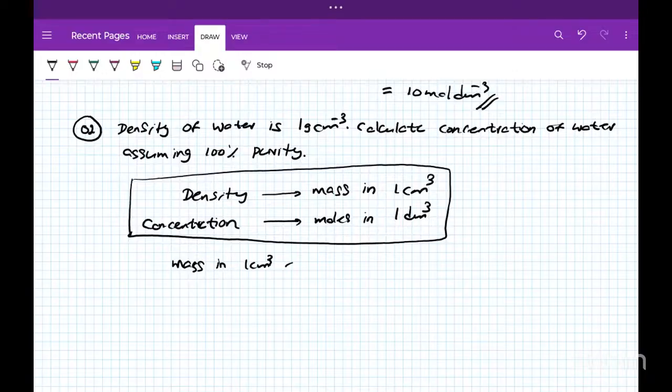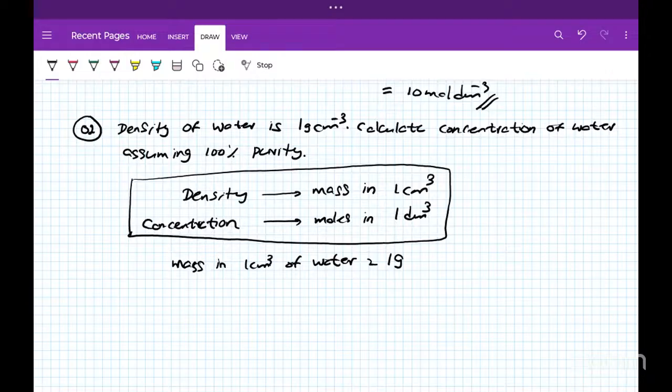So we can write it like this: mass in 1 cubic centimeter of water. That is 1 gram. Simple thing, right? Then I need to convert this into 1 cubic decimeter. 1 cubic decimeter is equal to 1000 cubic centimeters. I told you 1 cubic centimeter is equal to 1 milliliter, then 1 cubic decimeter is equal to 1 liter.